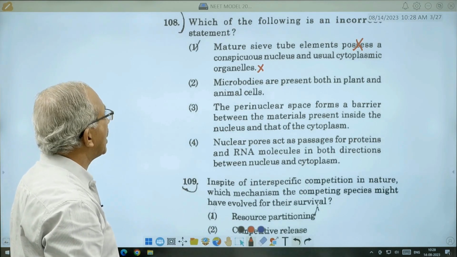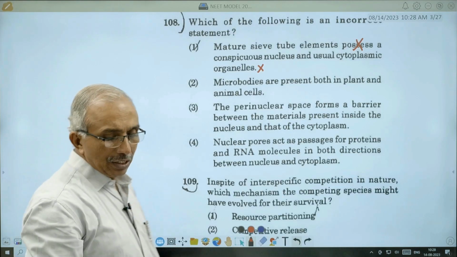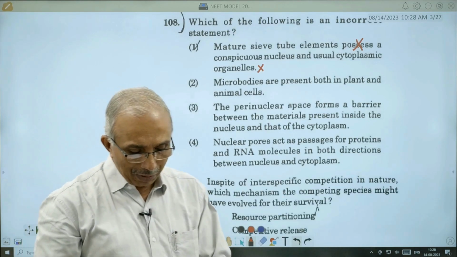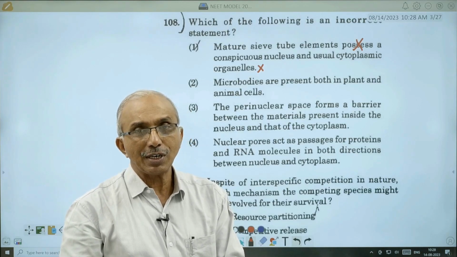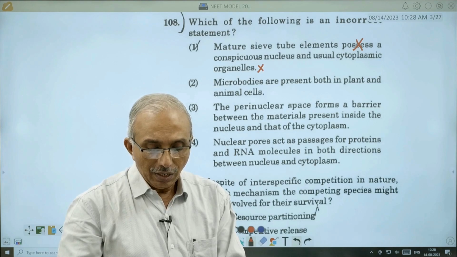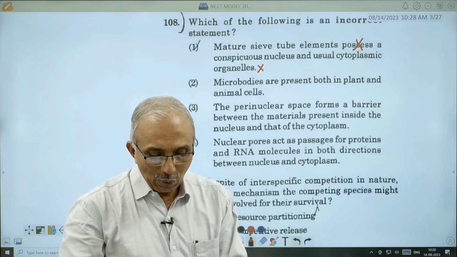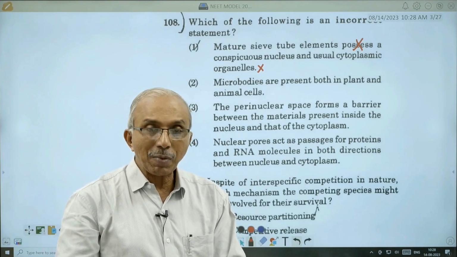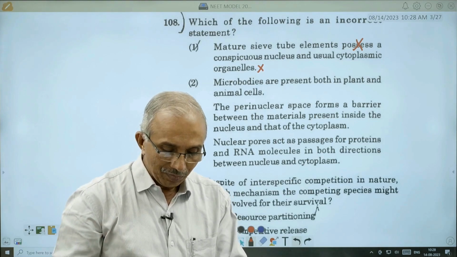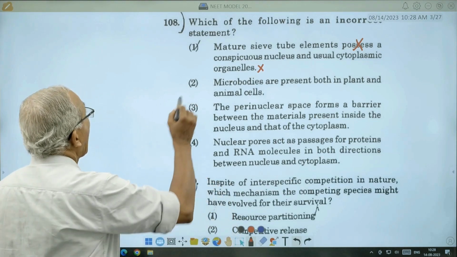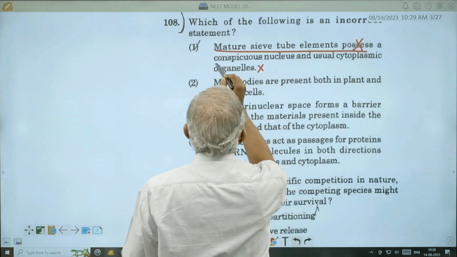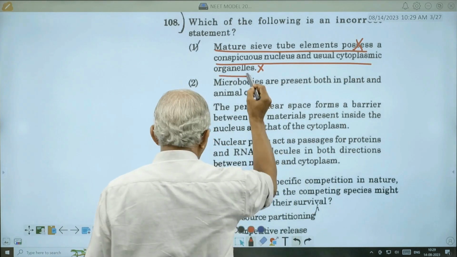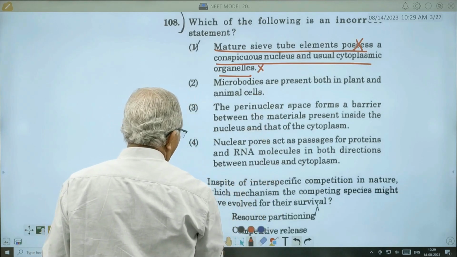It is wrong. Mature sieve tube elements do not possess a conspicuous nucleus. So the statement is wrong. Answer is option 1.